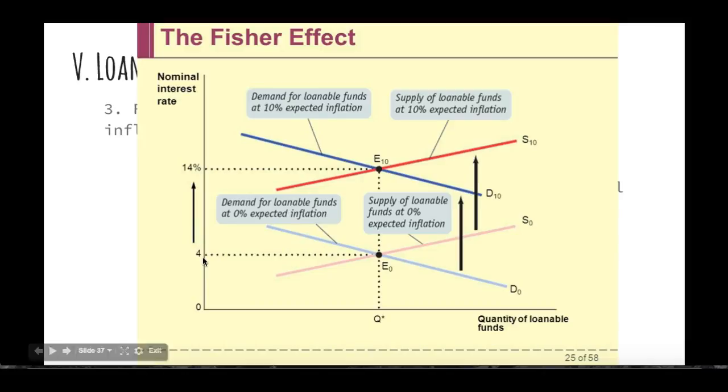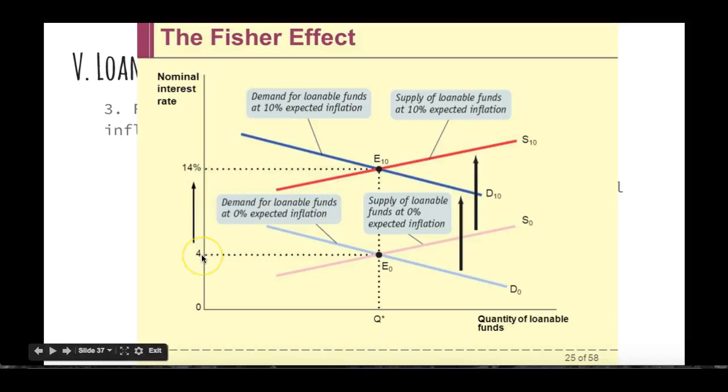Well, then maybe something happens and suppliers and demanders are expecting that there's going to be 10% inflation in the future. If there's 10% inflation, people will build that into the interest rate they're going to charge on those loans. So the demand for and supply of loanable funds will increase by exactly 10%.